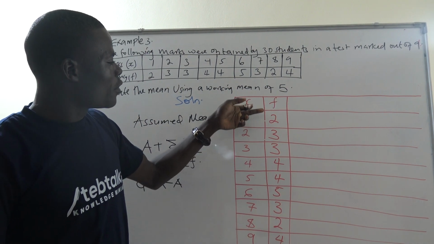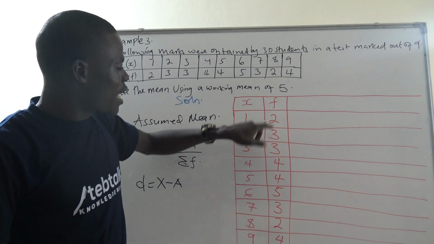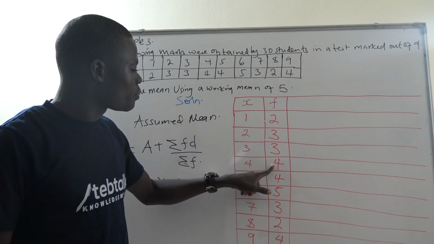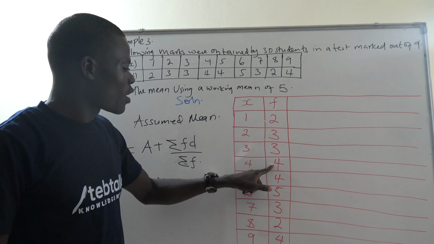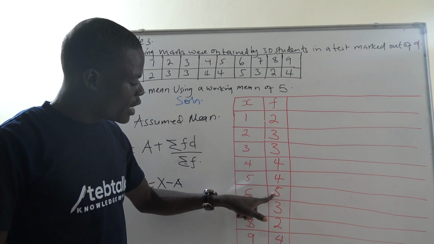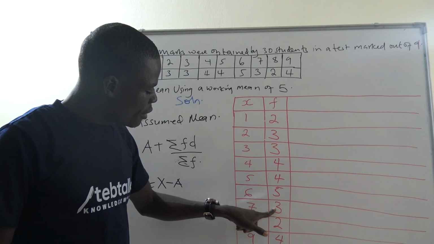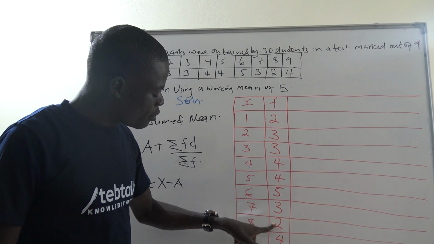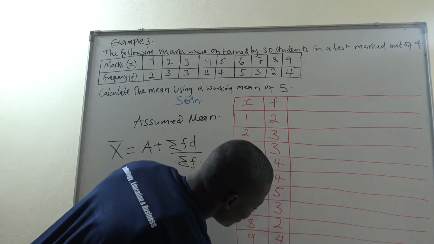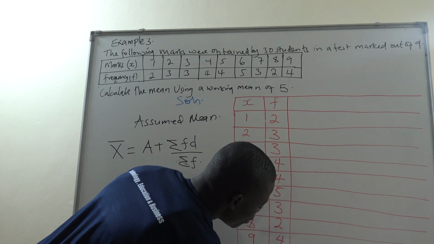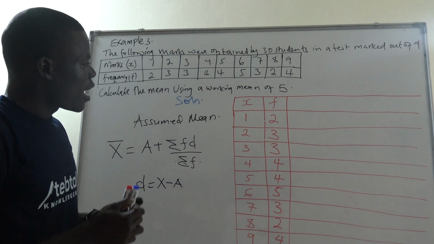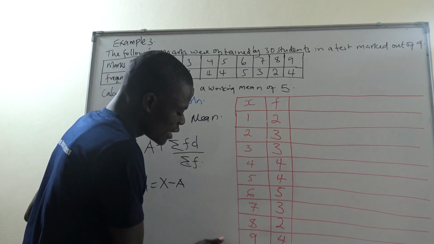So we shall have 2 plus 3, that is 5, plus 3, 8, plus 4, we have 12, then plus 4, we have 16, plus 5, we have 21, plus 3, we have 24, plus 2, we have 26, plus 4, we have 30. So our total students are 30.